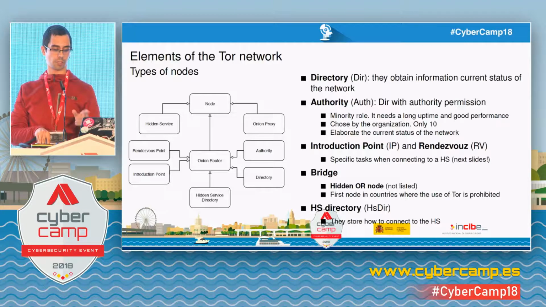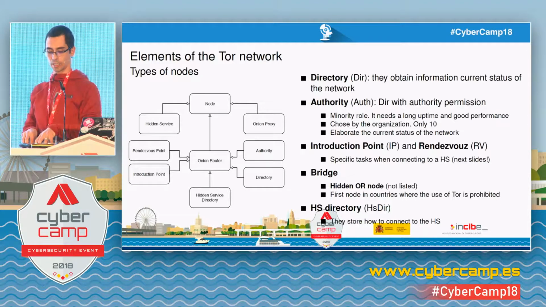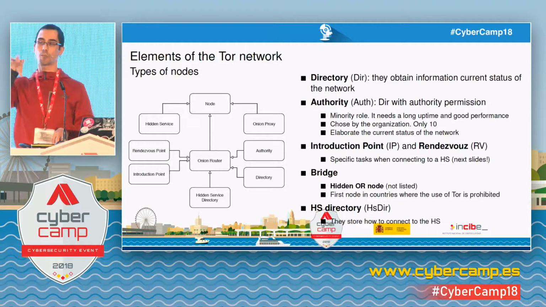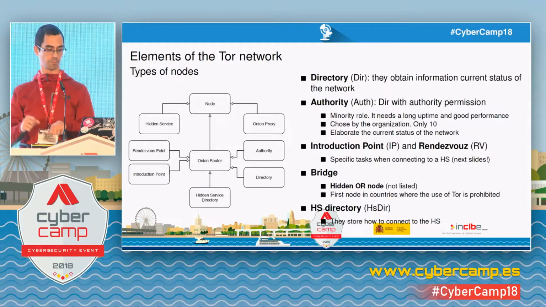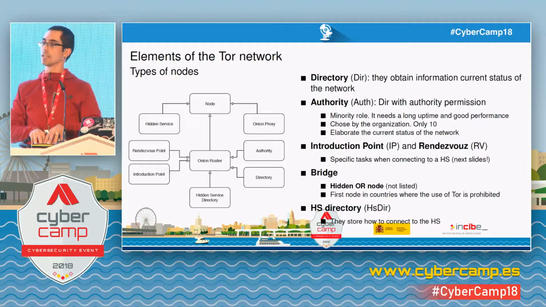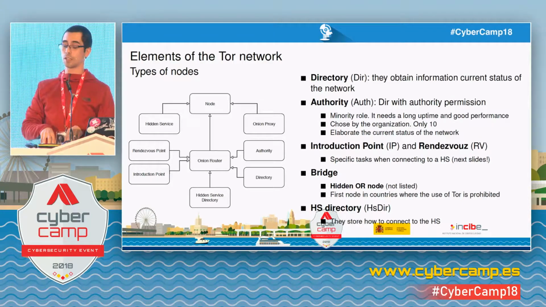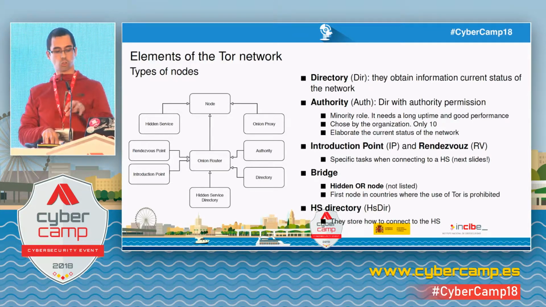There are only 10 of them, and they are selected by the organization. And authority nodes maintain the status of the network. Directory nodes obtain information, and then authority nodes will process that information and will maintain the status of the network.